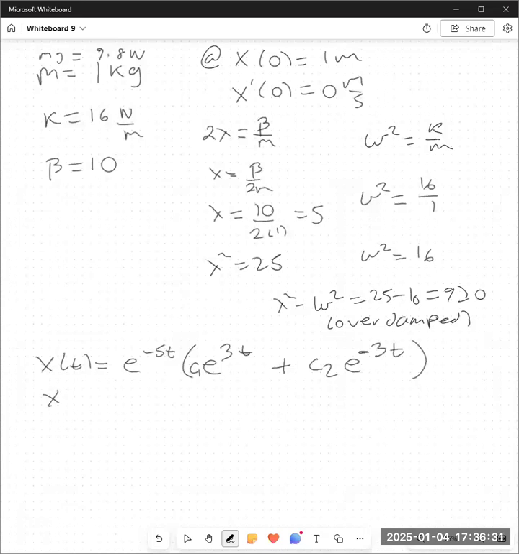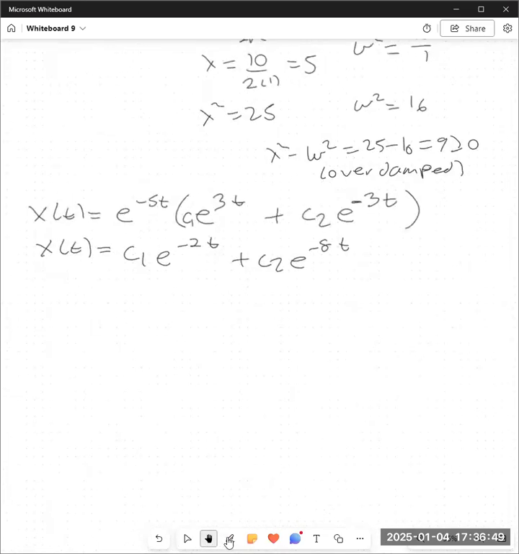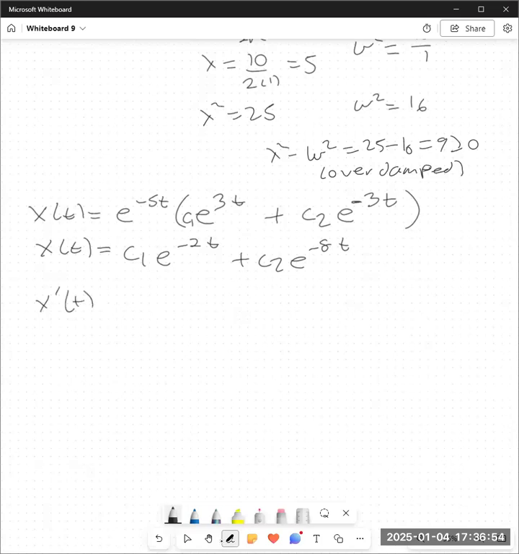Let's simplify that. x of t is equal to c1 e to the 3 minus 5 is negative 2t plus c2 e to the negative 3 minus 5 is negative 8t. Makes x prime of t pretty easy to calculate. It's going to be negative 2c1 e to the negative 2t minus 8c2 e to the negative 8t.